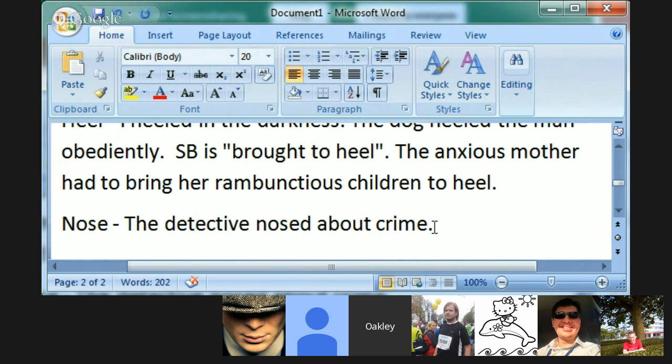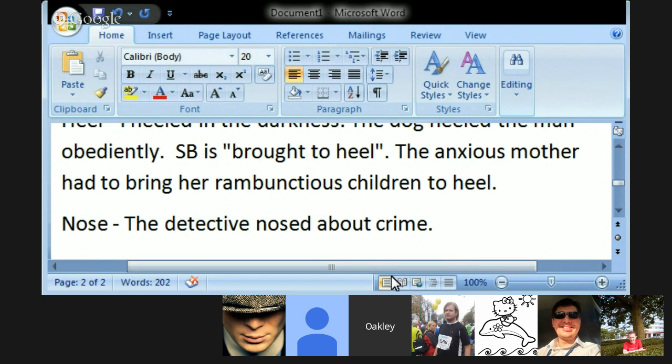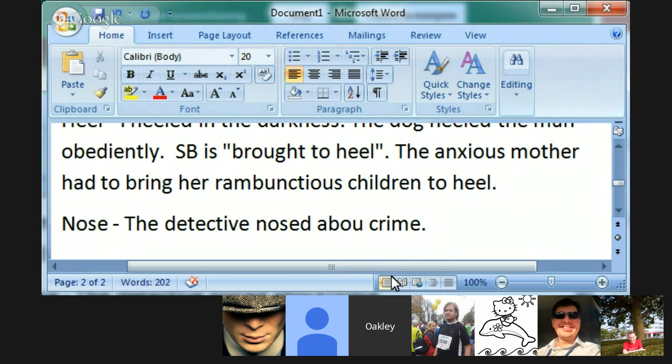But we use it with a couple of different prepositions or particles. For example, the detective nosed around for clues.